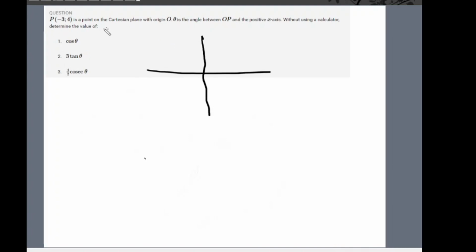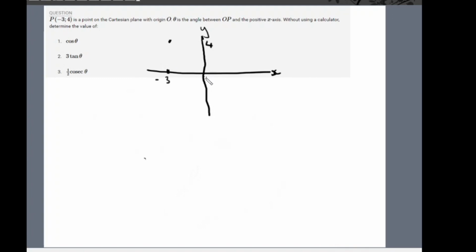And then we have a point P with coordinates x equals -3. This is the x-axis, that is the y-axis. So my coordinates are P: x equals -3 and y equals 4. So now plot the point there.